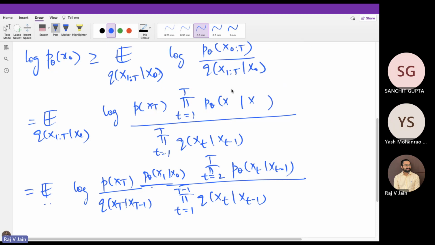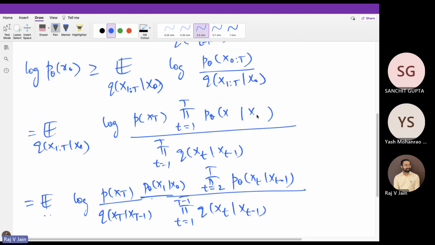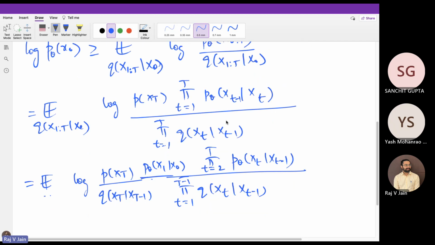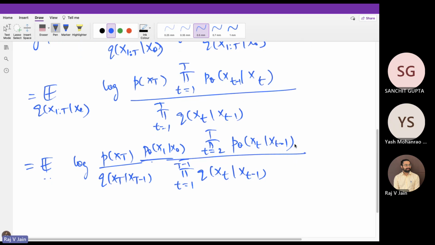I need t minus 1 here and t here, right? Correct. This makes sense? Or no? It's still the forward process, sorry. So t minus 1 to t. Backward, T to t minus 1. This is fine. And then x1 given x naught goes here. Okay, fine. So this is what we come to at the end, xt minus 1 to xt.